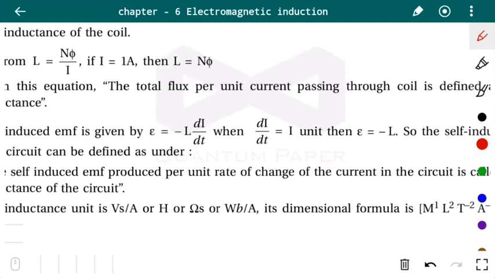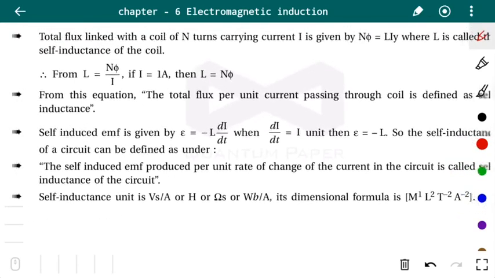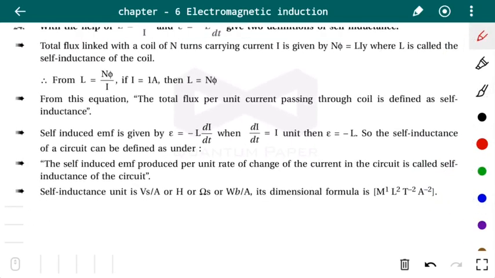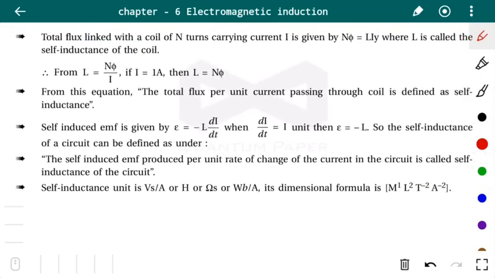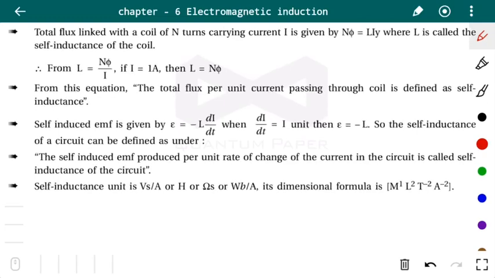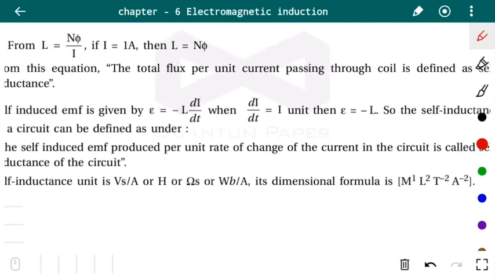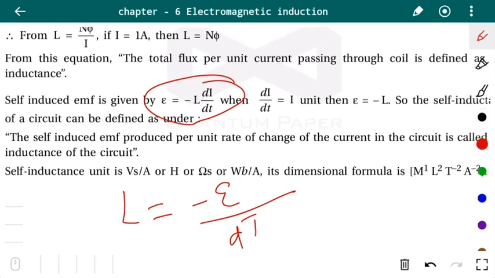Taking this dI by dt as 1 unit, epsilon equals minus L. From this formula you can write L equals minus epsilon upon dI by dt.